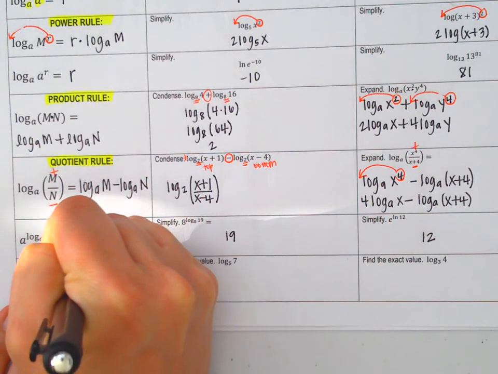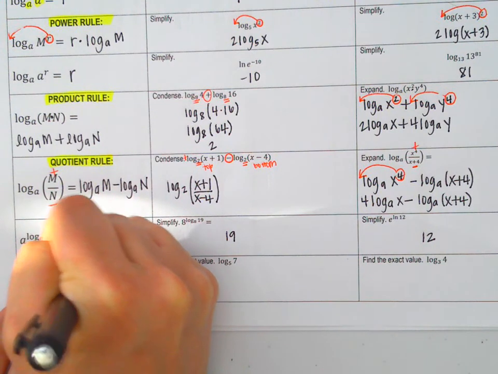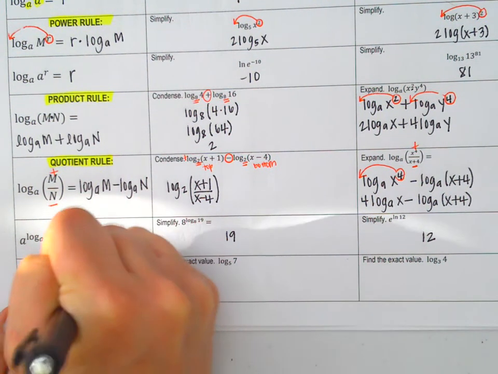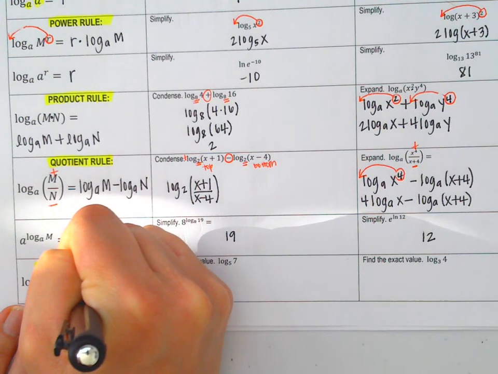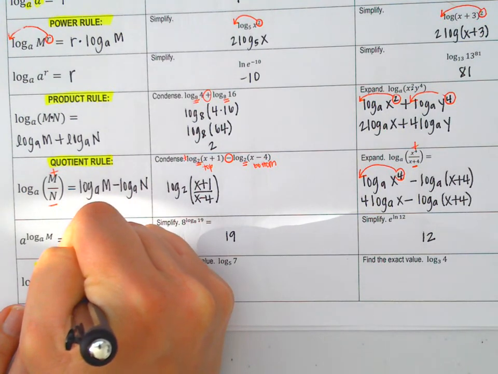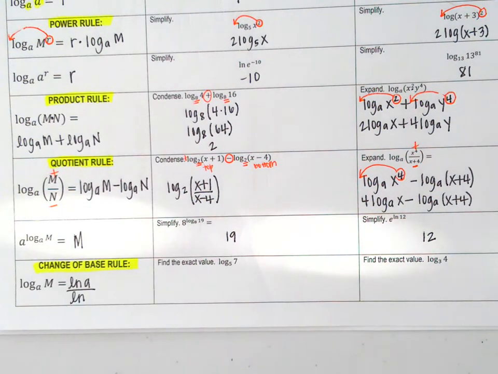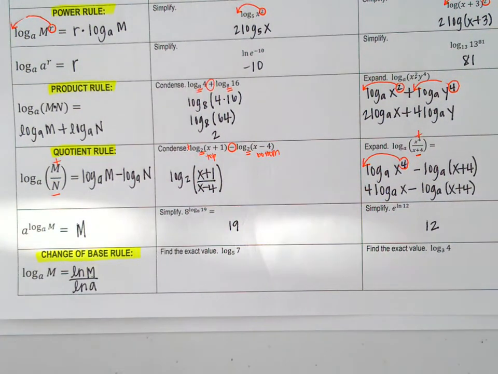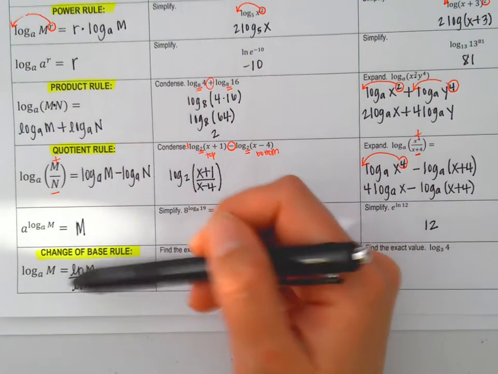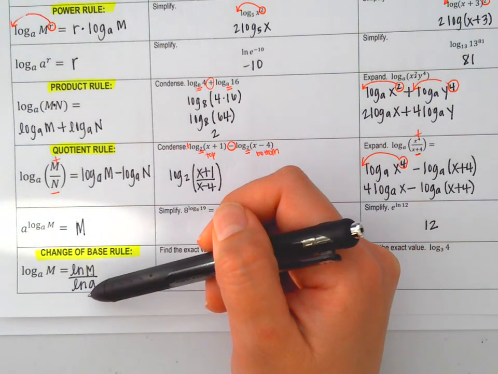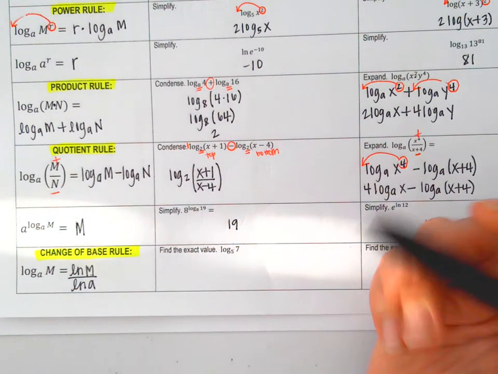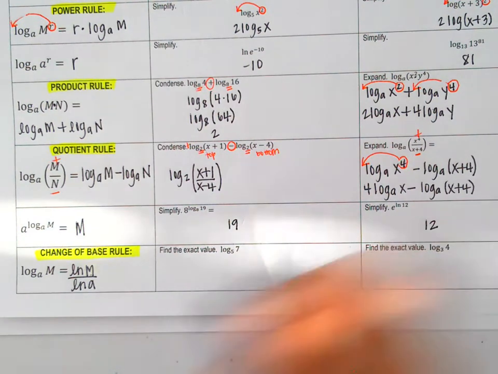So this is going to change to ln of A over, I'm sorry, I did that opposite. I was thinking poorly. I'm going to fix it. Okay, I'm sorry. I fixed it. It should be ln of m over ln of a. Now, like I said, you can change it to be any base. I'm going to show you a few times.